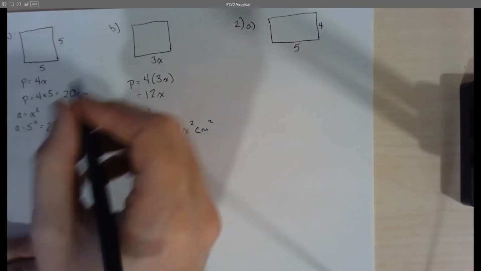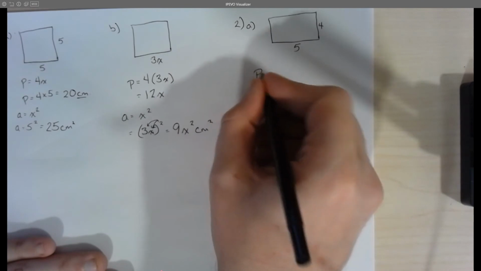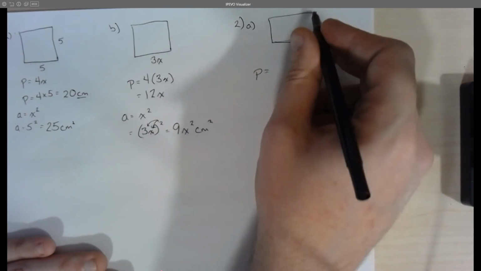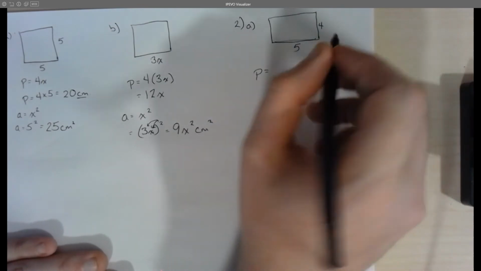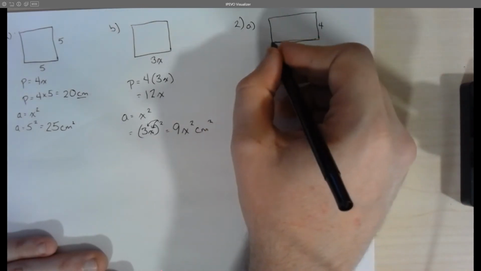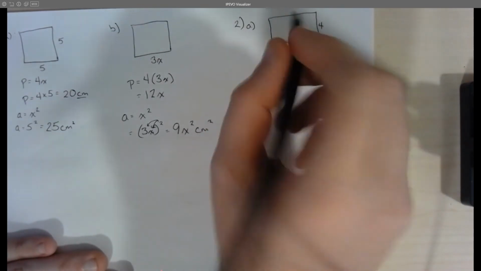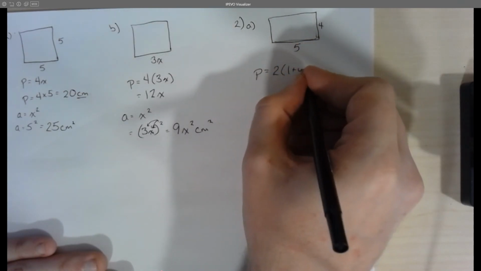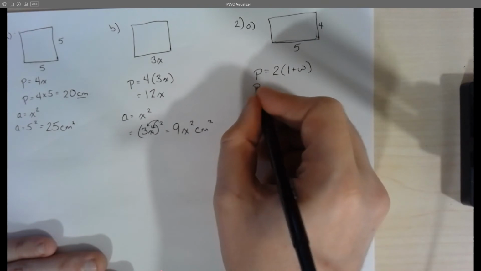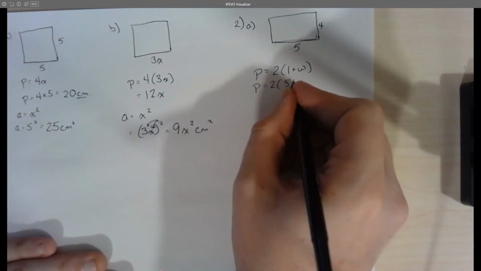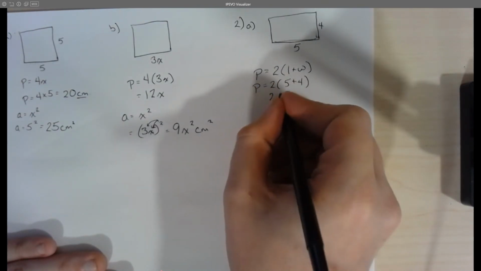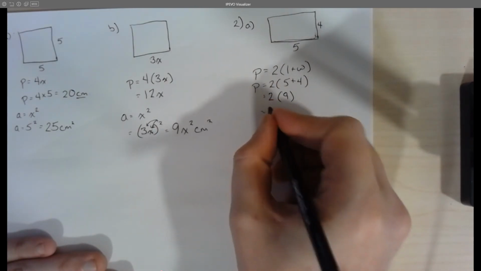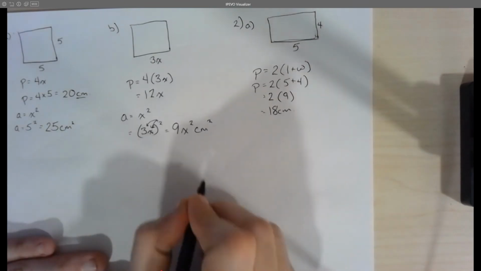Instead of being 4 times x, because these are not the same, we have to do 2 times length and 2 times width and add those together. Or really it's 5 plus 4 plus 5 plus 4 if you want to go that route. So our formula is 2 times length plus width. So our perimeter equals 2 times 5 plus 4, or 2 times 9, which gives us a perimeter of 18 centimeters.